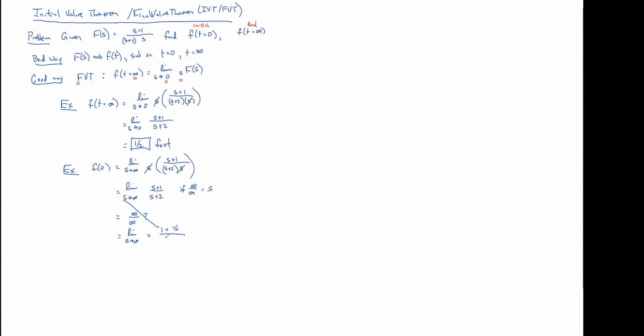We divide the bottom by s, and we get 1 over 2 over s. And now you can directly plug in, I shouldn't have drawn the equal sign in there. Now you can just plug in s equals infinity, and you get 1 plus 0 over 1 plus 0, which is 1, and very well defined. And that's faster than taking derivatives of top and bottom.